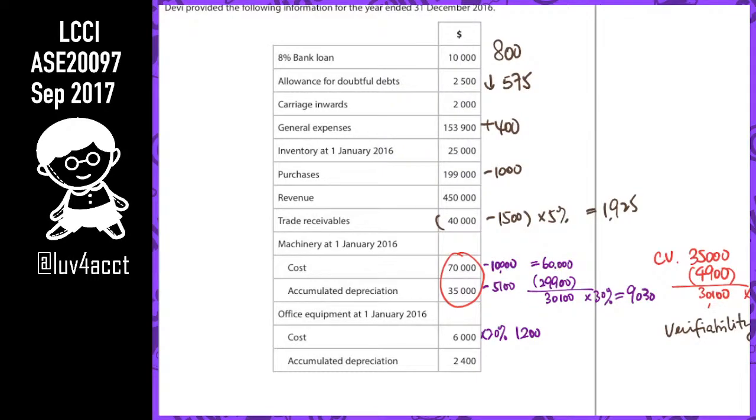Carriage in 2,000, revenue 450,000, and then purchases minus 1,000, you have 198. What else? Opening inventory 25. So revenue 450, opening 25, 198, and then 2. So I guess that would be all.